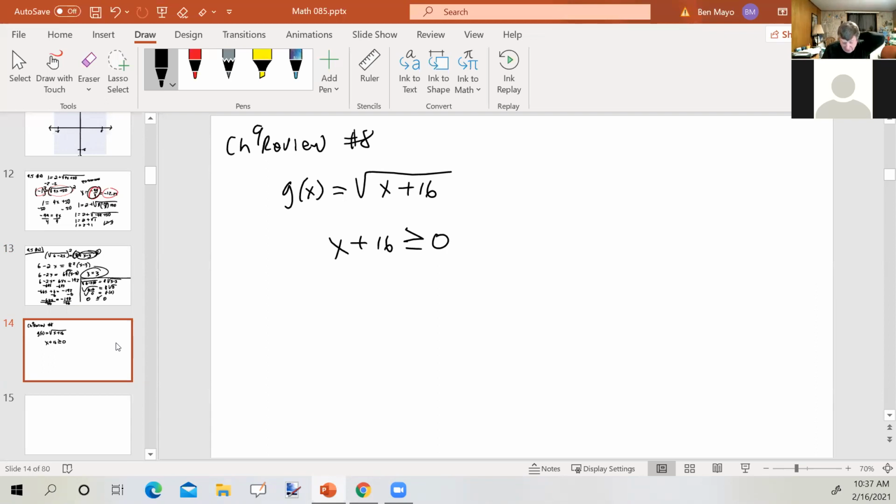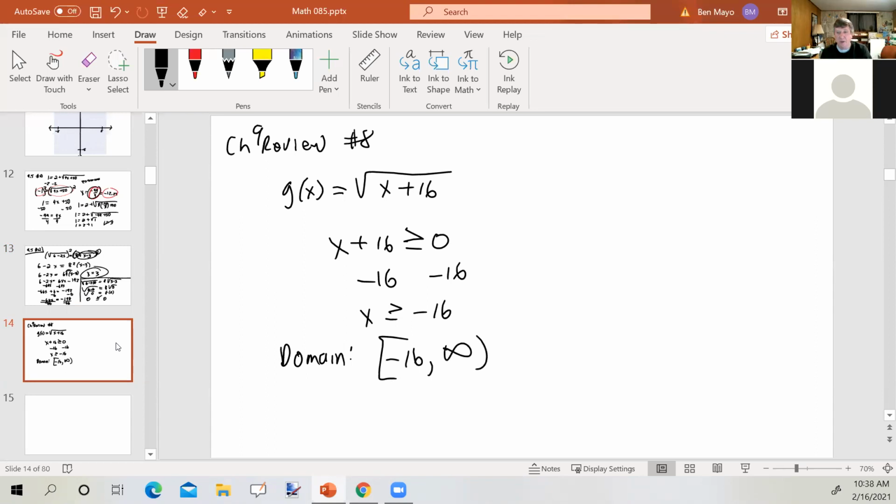Solving that inequality, subtracting 16 from both sides, we get x greater than or equal to negative 16. So the domain in interval notation would be negative 16 up to infinity, with a bracket around negative 16 and a parenthesis around infinity. And there we have that one. Any questions about that problem?